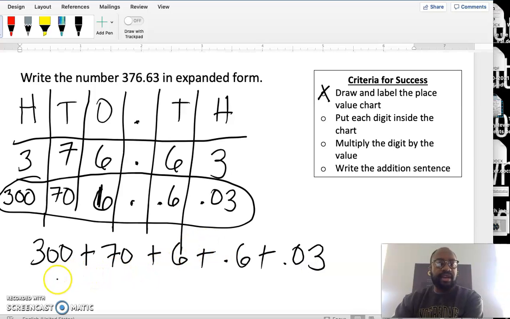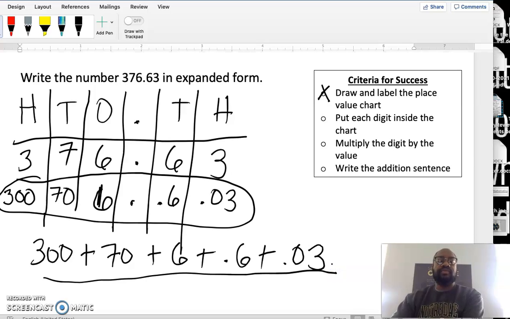So this is my number written in expanded form. All I did was I put the digit inside of the place and then multiplied it by its value. Hundreds we multiply by 100. Tens we multiply by 10. Ones we multiply by 1. Tenths we multiply by 1/10. Hundredths we multiply by 1/100th.